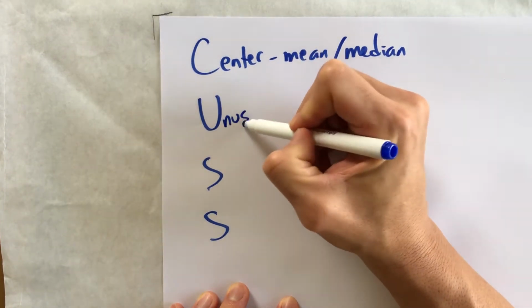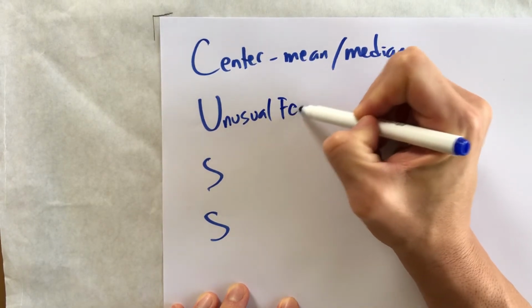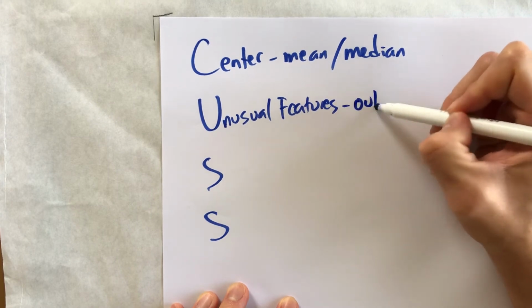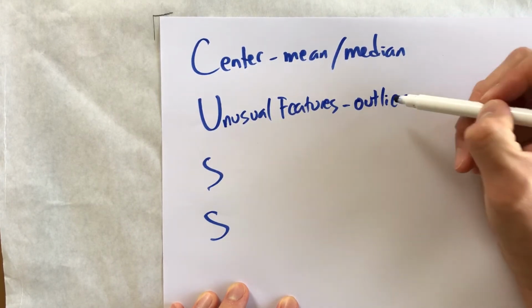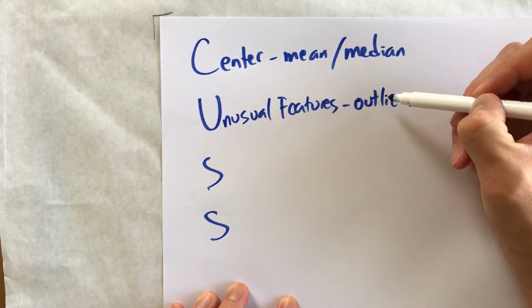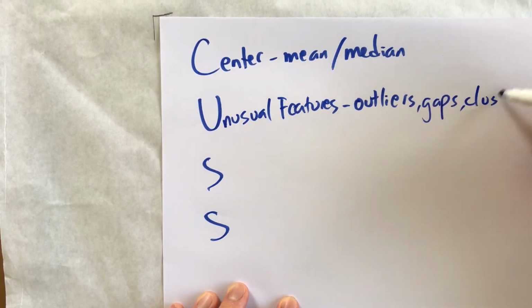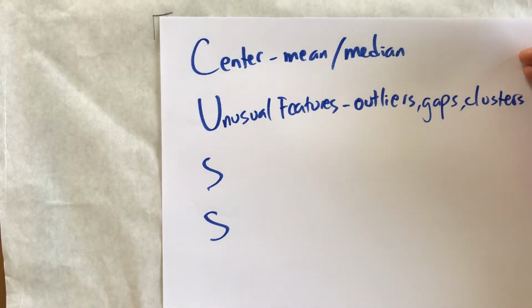For unusual features, remember, we're talking about outliers. And again, this too, just eyeball it. Next chapter, we'll work on how to calculate this. Gaps and any clusters. Okay?